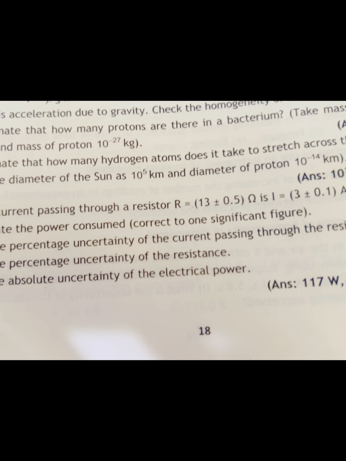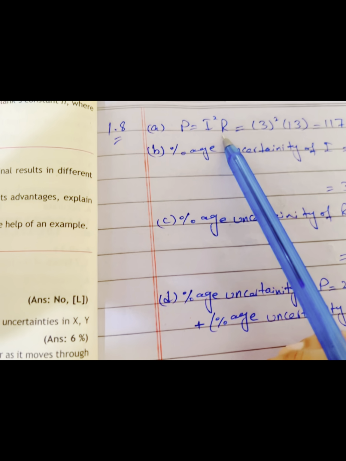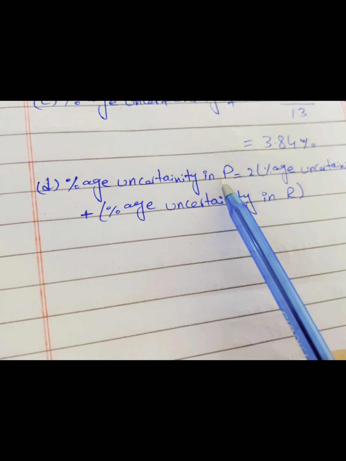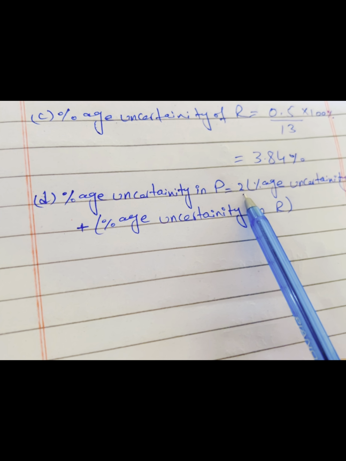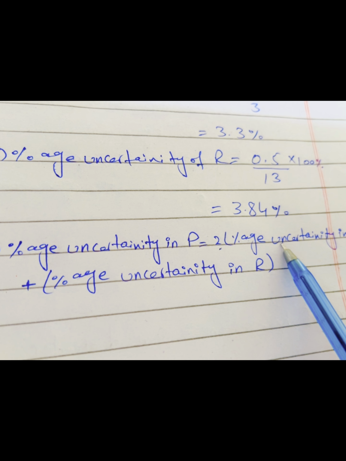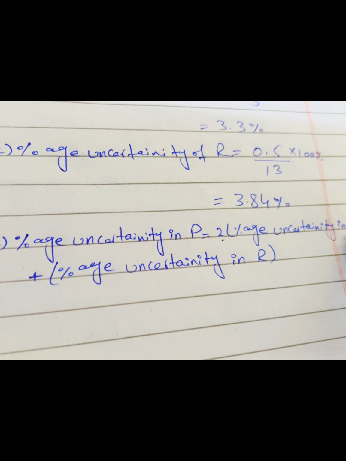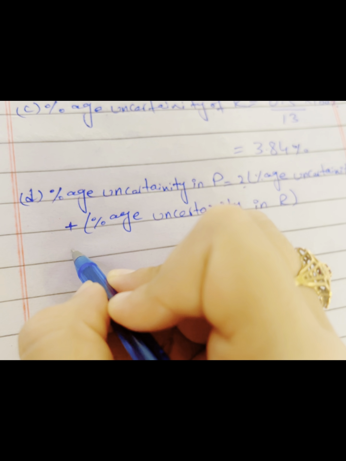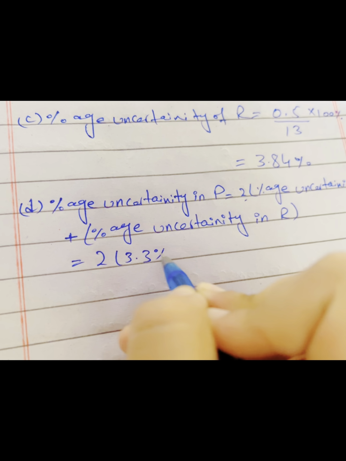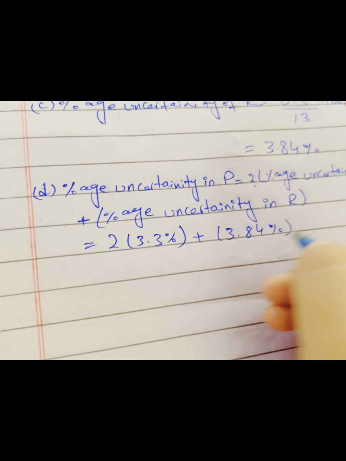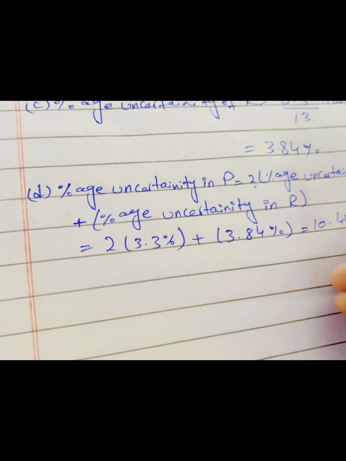For the last part of this numerical, find the absolute uncertainty of electrical power, and we had the formula of power P is equal to I square R. To solve this part, we have the formula: percentage uncertainty in power is equal to, by the rule of powers, since we have square on I, there is a power multiplied by the percentage uncertainty, that is 2 into percentage uncertainty in I plus percentage uncertainty in resistance. So we would solve it using the values of 2 into 3.3%, which was the percentage uncertainty of current, plus 3.84%, and the final answer would be 10.44%.